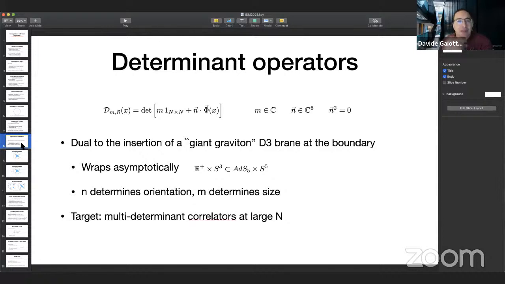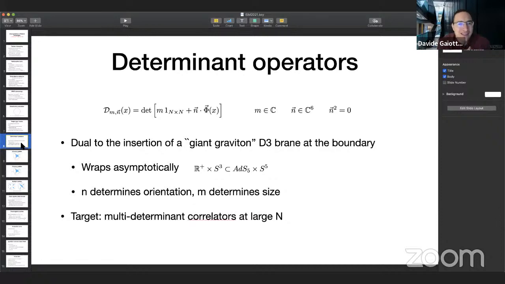So you can get multi-matrix models and things like that, which at the moment we don't know how to solve. We've been trying to do calculations involving these operators built out of order n squared fields, and we're struggling against the limitations of the current matrix model technology.